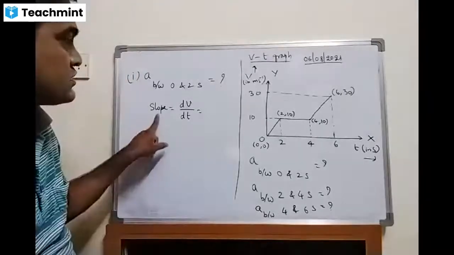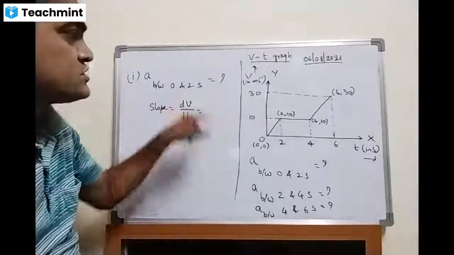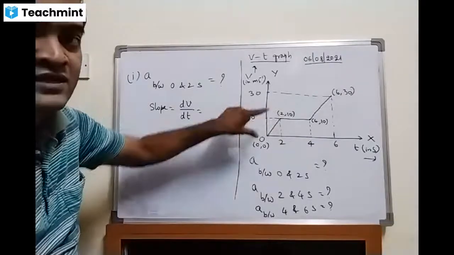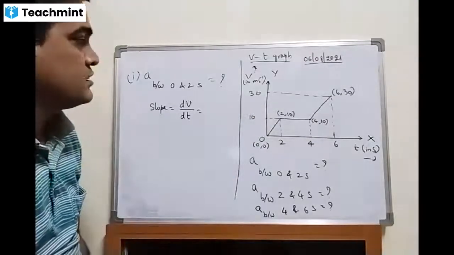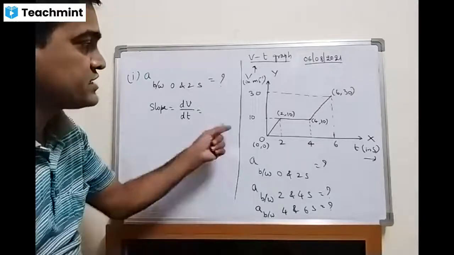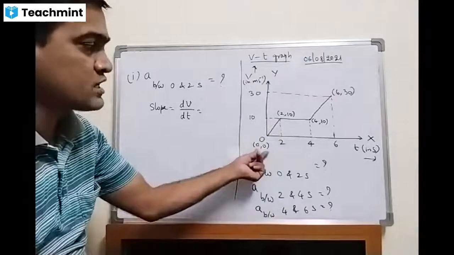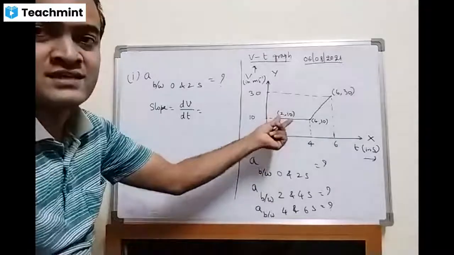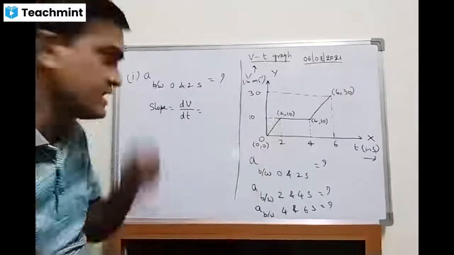Right. Now, I want the slope between 0 and 2 seconds. Can I find slope here? Yes, and that slope should be constant. What is the value of dv by dt in this case? I will take 0, 0 as x1, y1, and I will take 2, 10 as x2, y2.